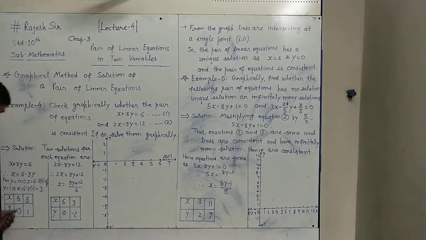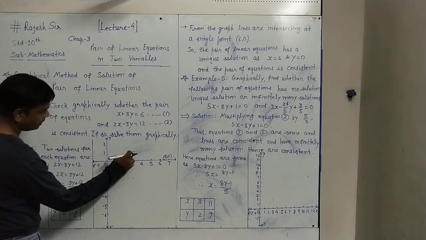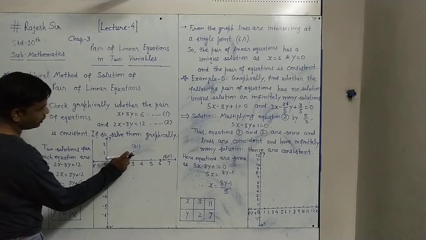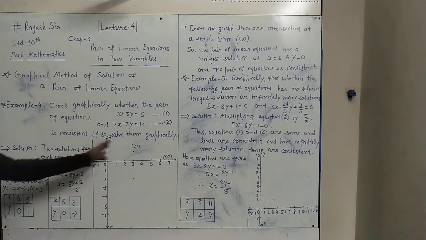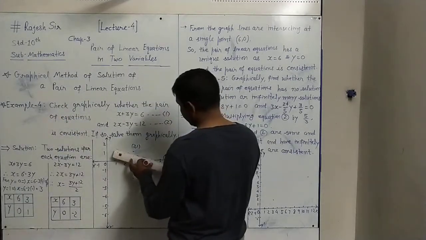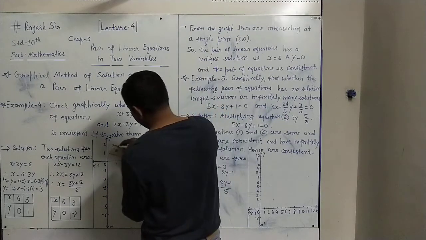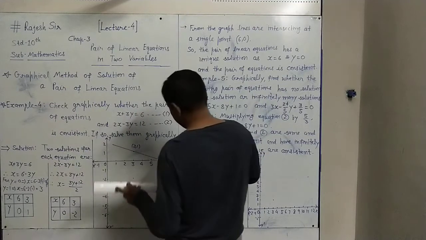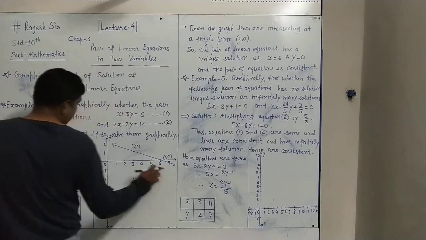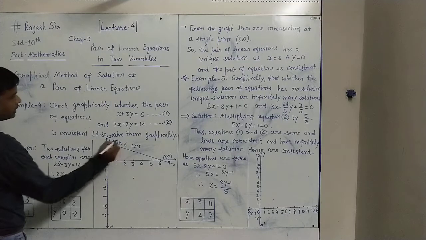The point (3, 1) is 3 on the x-axis and 1 on the y-axis. Joining these two points, we get the line of this equation, passing through (3, 1) and (6, 0). This is the line of x plus 3y equal to 6.